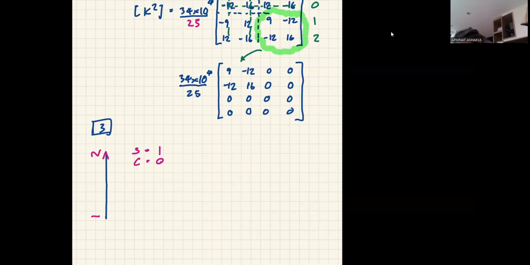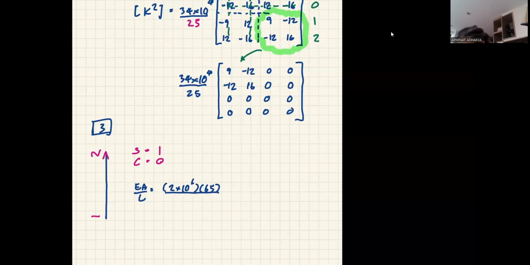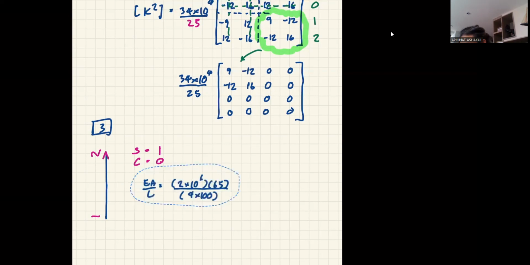And this guy has a different cross section, so we have to calculate the EA over L term. That's going to be 2 million. A is now 65, and the length is 4 meters, I suppose. Am I right? Yeah. And multiply by 100. But let me move this up so that I can write the matrix down there.